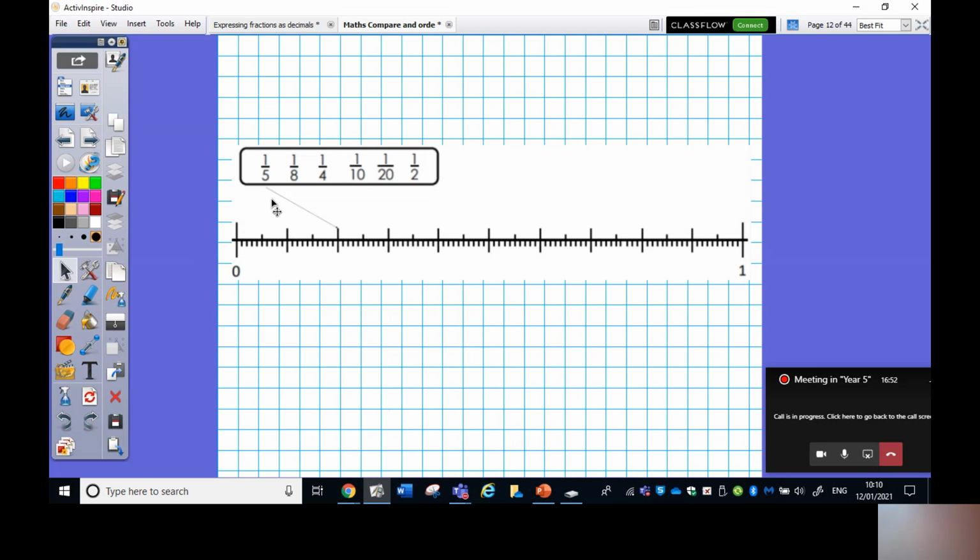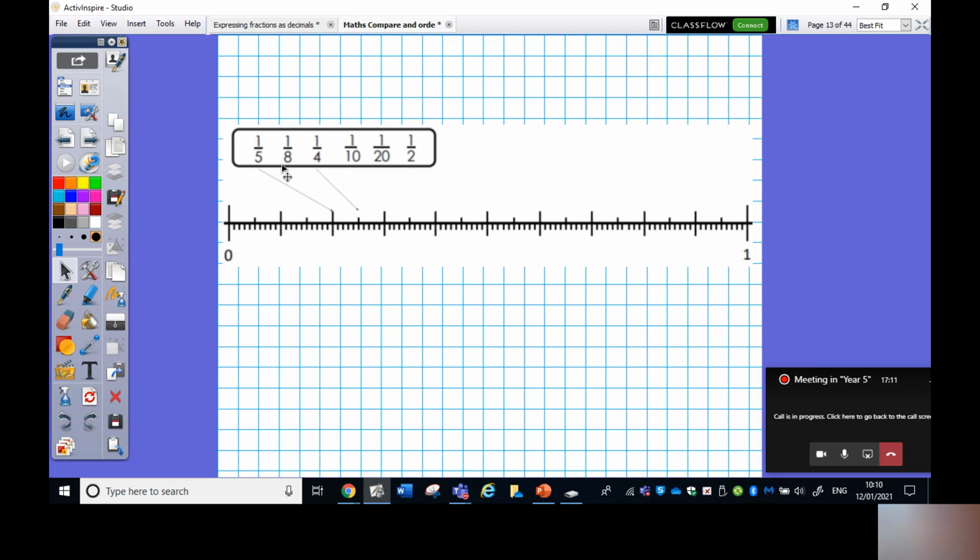Okay, so I know that 1/5 goes here. I'm going to think about a connection here because I know that my number line is divided into 10. The equivalent of 1/5 is 2 tenths. So that goes here. I'm not going to do 1/8.